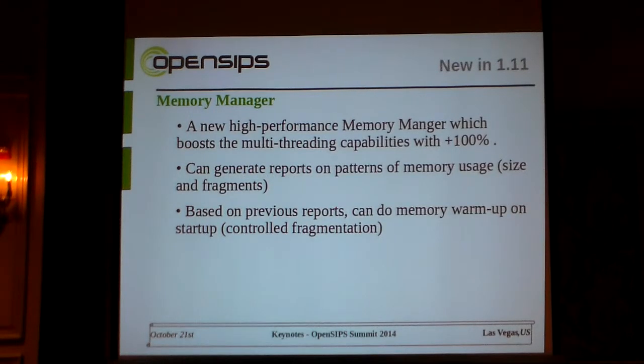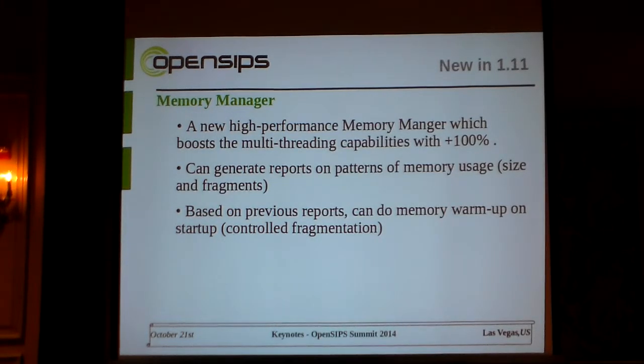What we have in 1.11: we worked in different areas, in the low-level part under the hood, doing a lot of work in optimizing things, addressing different kinds of bottlenecks in the application, because part of our goal is to maintain this high throughput.